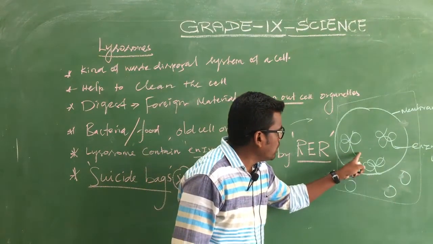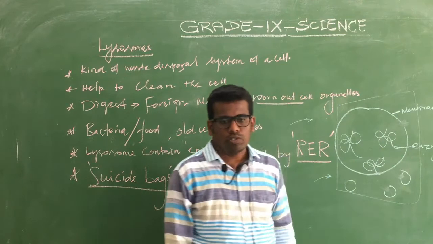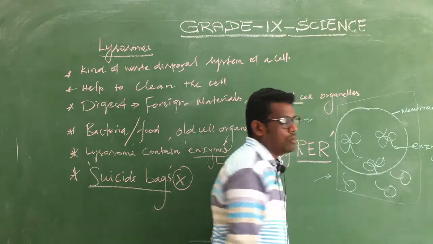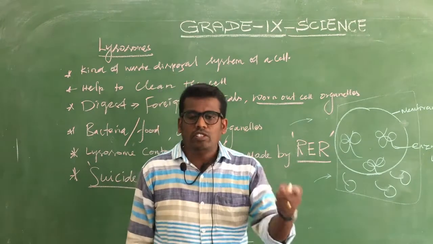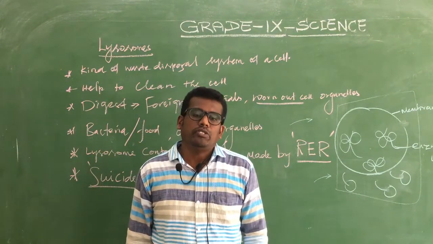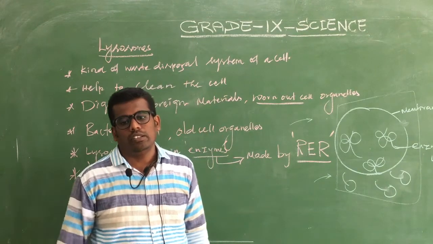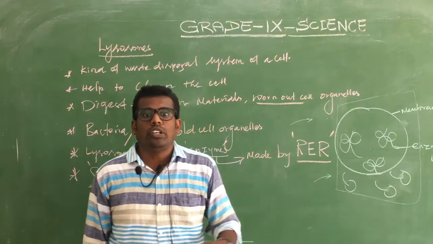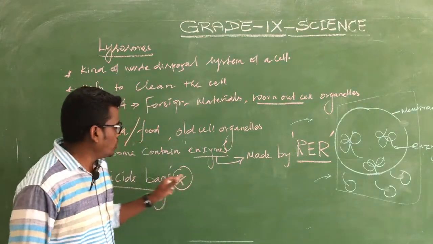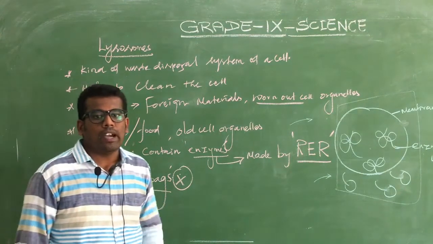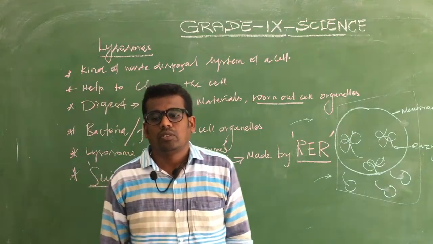What will happen? The enzymes will come out and digest the foreign materials or waste materials inside the cell. So this acts like a suicide. That's why the lysosomes are called suicidal bags or suicide bags.